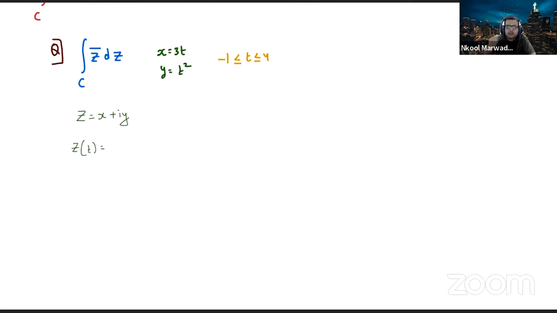The equation of the contour will be a function of t, and it will be 3t plus iy. It will be 3t plus i t squared. Instead of x, I have substituted 3t. Instead of y, I have substituted t squared.